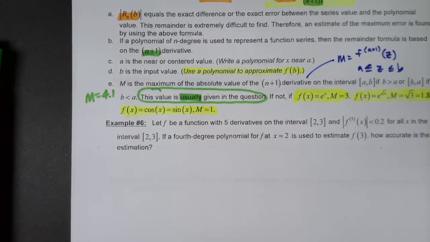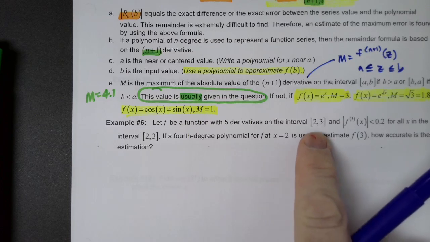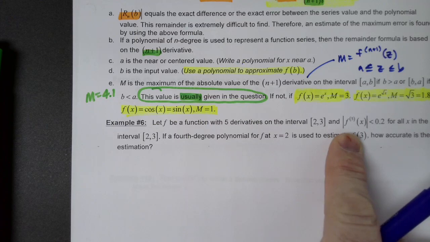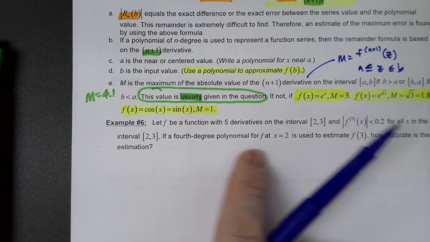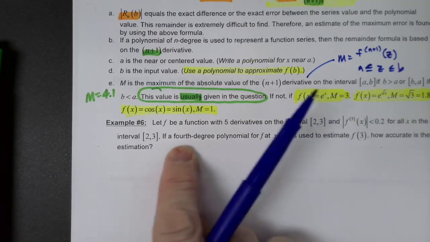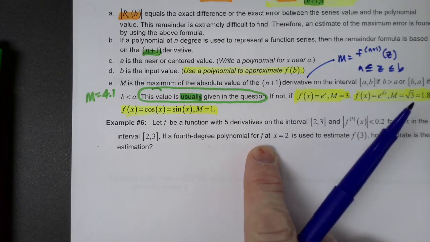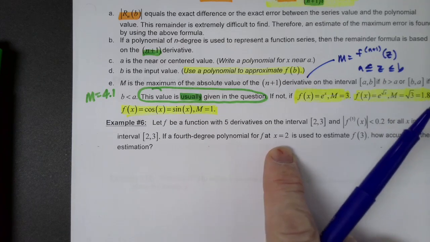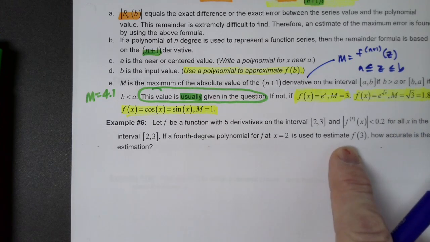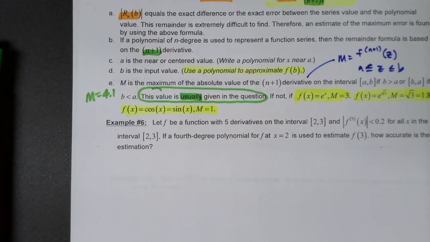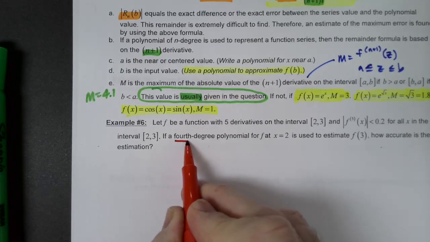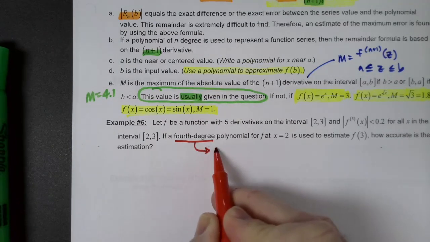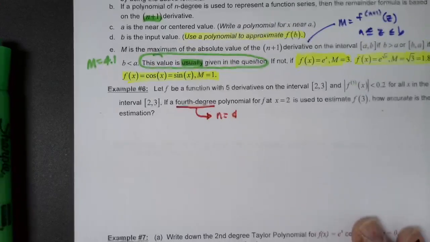It says let f be a function with 5 derivatives on the interval from 2 to 3. They give us the fifth derivative. The fifth derivative is always less than 0.02 for all x's in this interval. If the fourth polynomial for f at x equals 2 is an estimate of f of 3, how accurate is this estimation? Okay, so real quickly, let's look at what we have here. Fourth degree polynomial means that n equals 4.